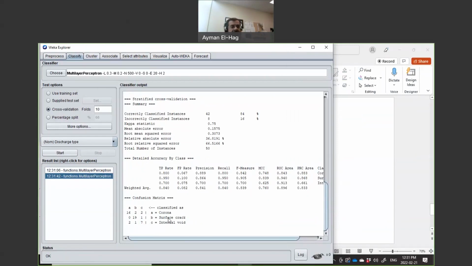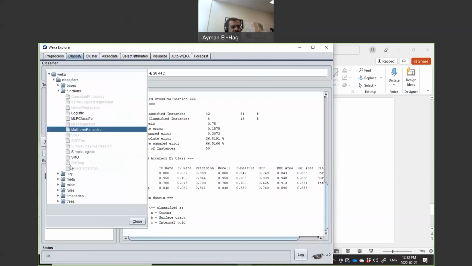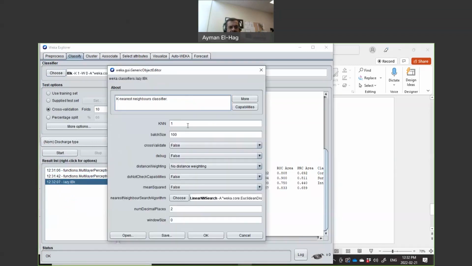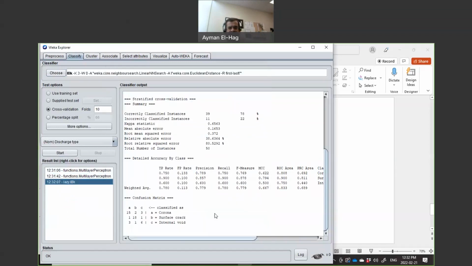Okay, now we can try other classifiers. I will show you all the results, but here I'm just playing with the classifier. So this is the KNN with 1 neighbor. So we get 78%. Okay, and these are the values. If we try to increase the number of neighbors to 3, start, it went down, and this is one of the few cases where, when you increase the number of neighbors, it went down.